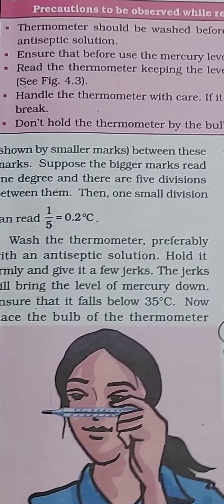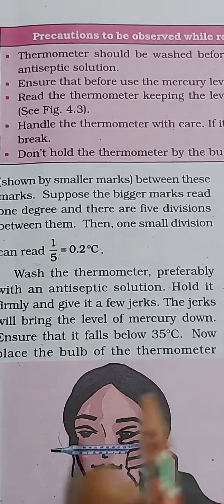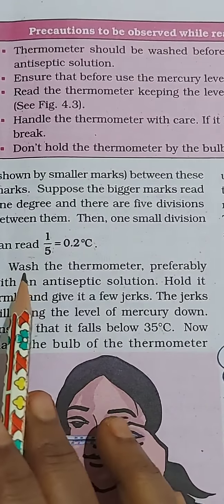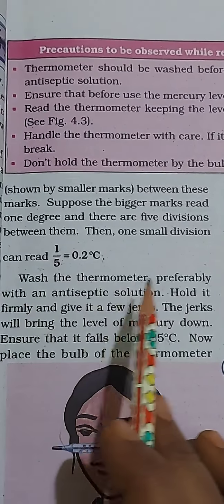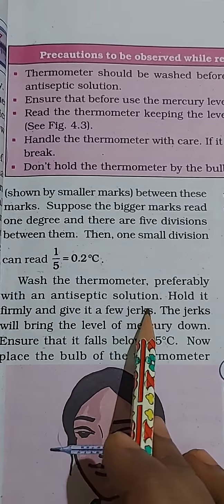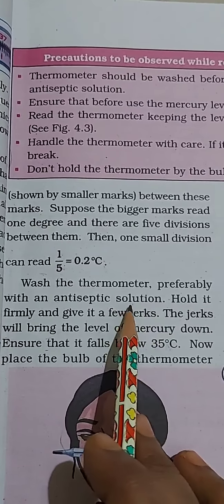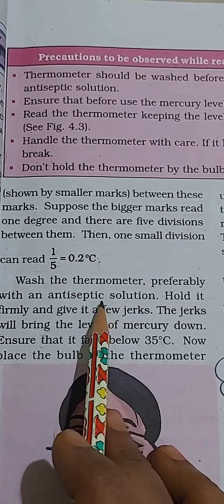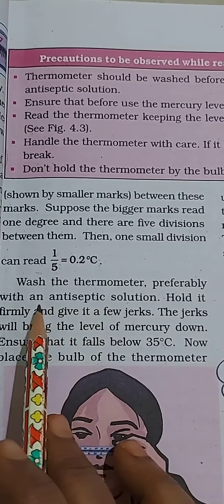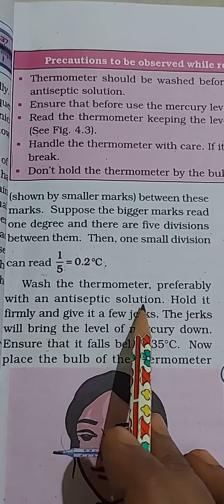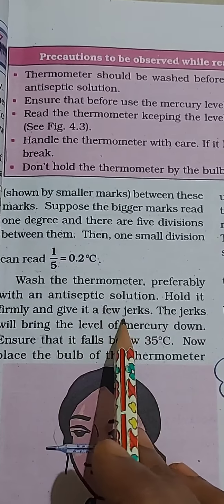So how do we use this clinical thermometer? Before using it, we wash the thermometer, preferably with antiseptic solution. Before and after use, we clean the clinical thermometer with antiseptic solution and hold it firmly. Give a jerk.